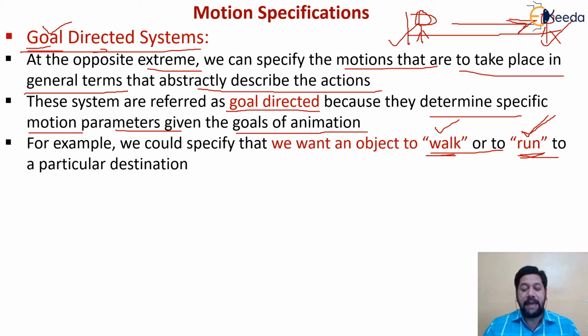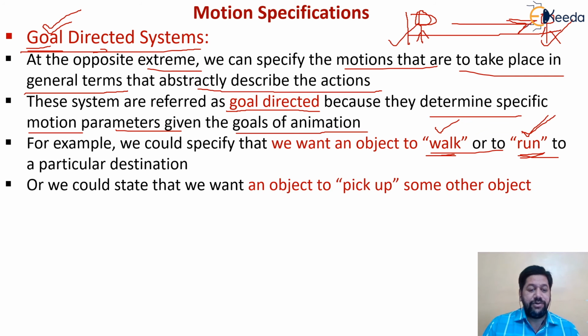So I'm specifying general terms, and my computer animation software will decide how I can achieve this motion. Nowadays so many software packages are available which will give you such motion directly. So this is called a goal directed system.